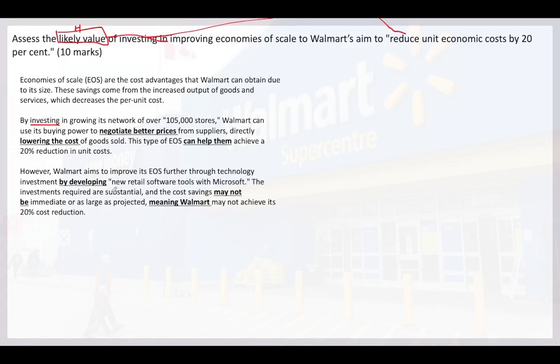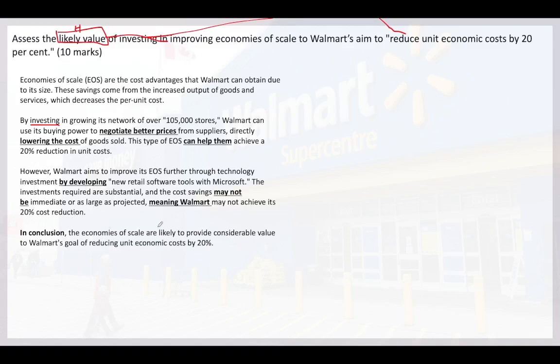The investments required are substantial, and the cost savings may not be immediate or as large as projected, because it's a forecast, isn't it? We're going to question the reliability of that data, meaning Walmart may not achieve its 20% cost reduction. It's a bit obvious that we're coming back to the question at the end of each chain of argument. In conclusion, let's answer the question.